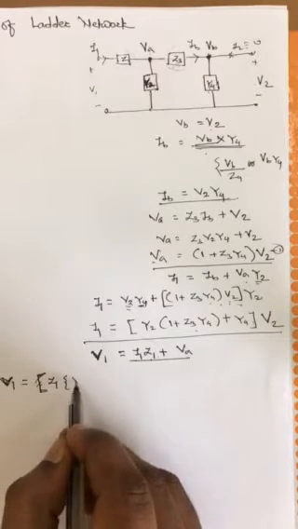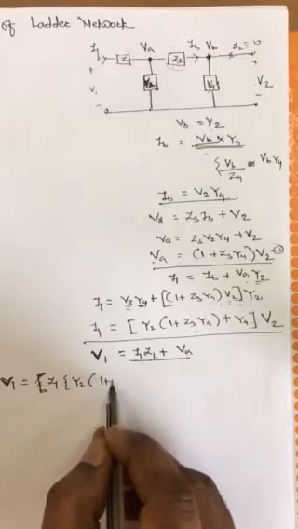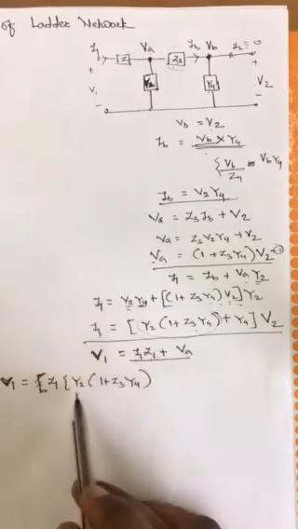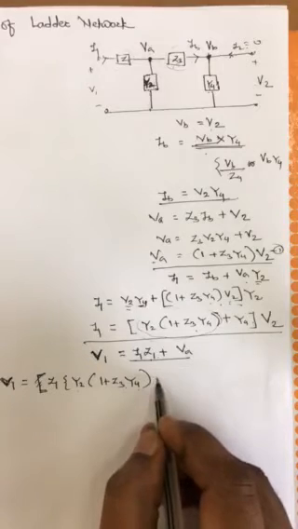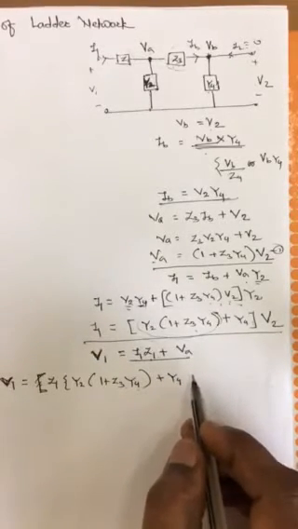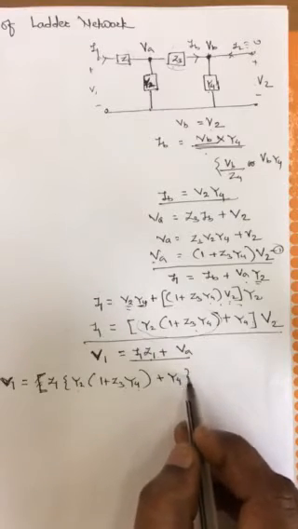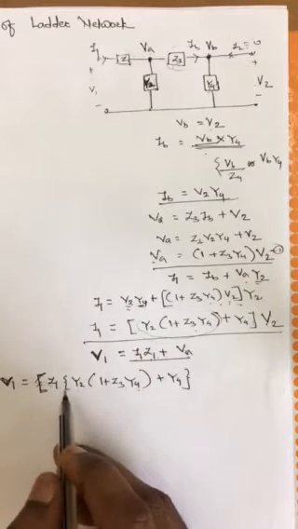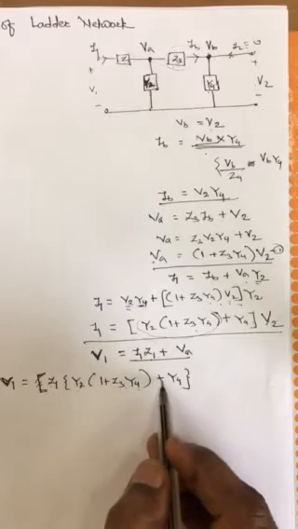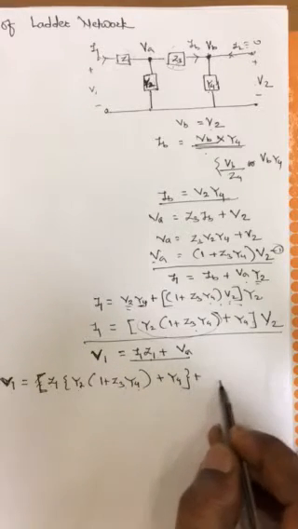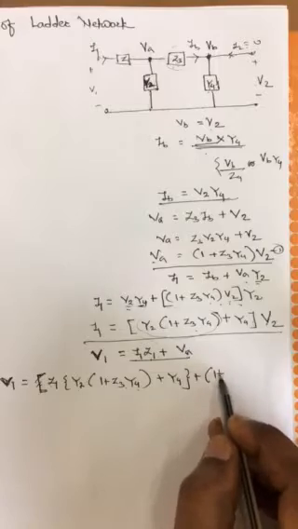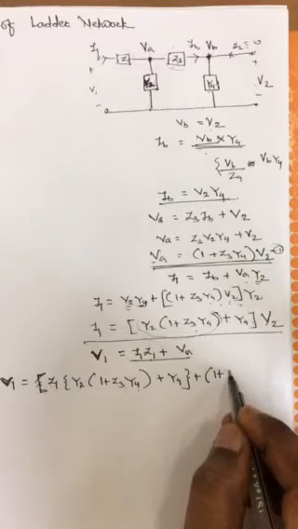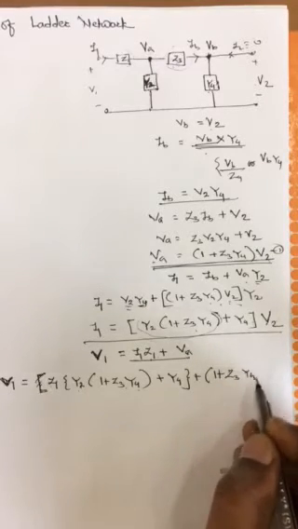Z1 Y2 (1 plus Z3 Y4) plus Y4, this is the term, plus VA, the value of VA, we have VA, no? 1 plus Z3 Y4.